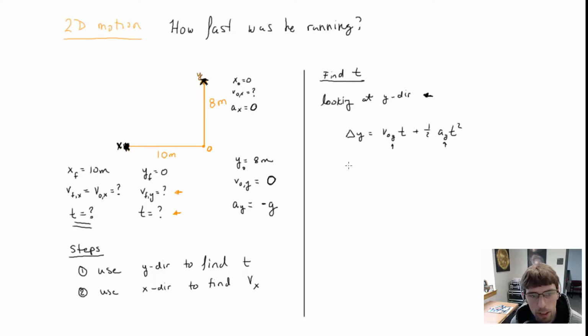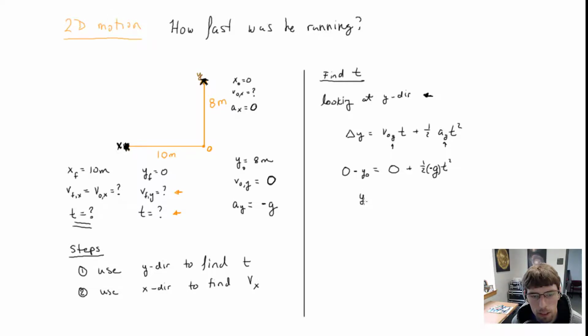Well, we've got everything we need. I'll go ahead and substitute in my 0. So I have my final height is 0 minus my y naught equals my speed in the y direction is 0 plus 1/2, I'll put the g in, t squared, negative g. And I'm working in terms of variables right now. Let's find t. So I will multiply both sides by 2 and divide by negative g.